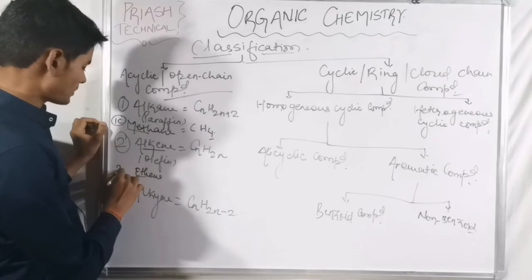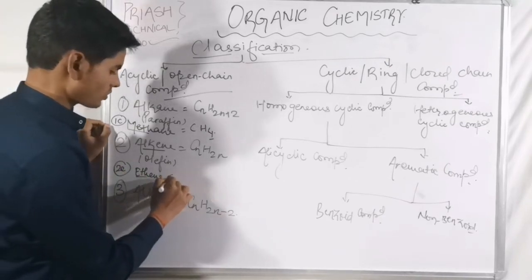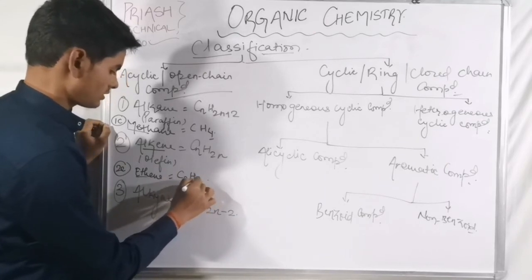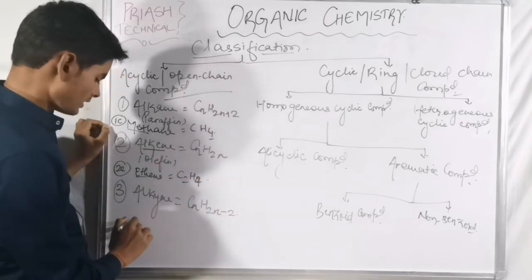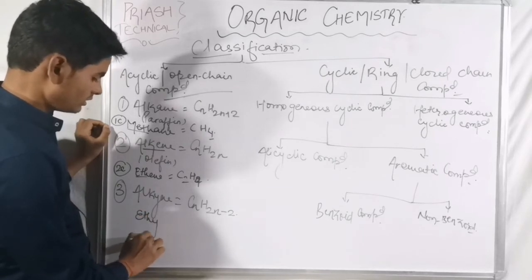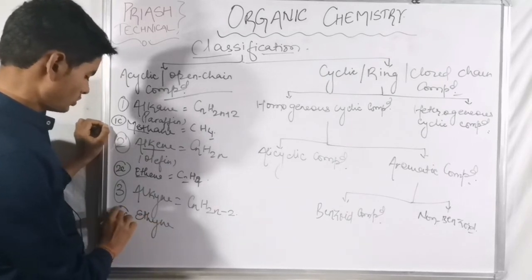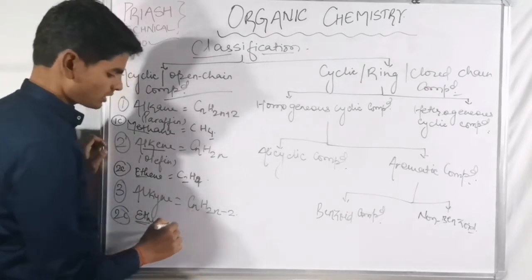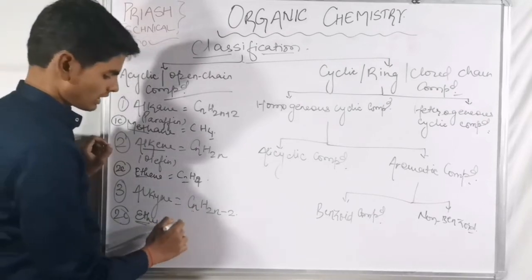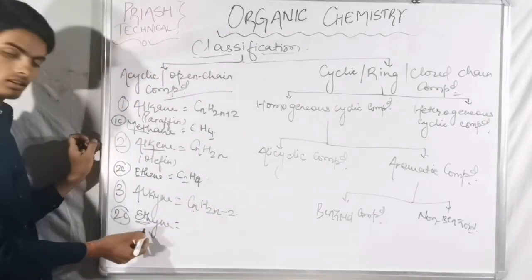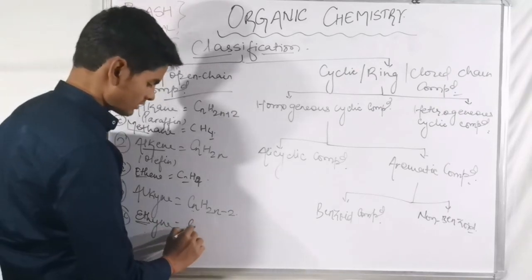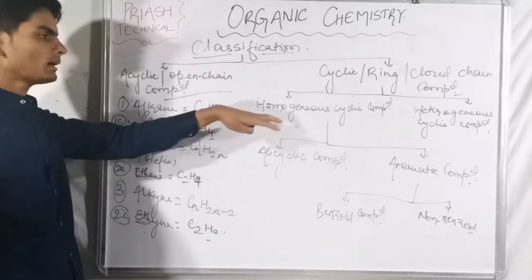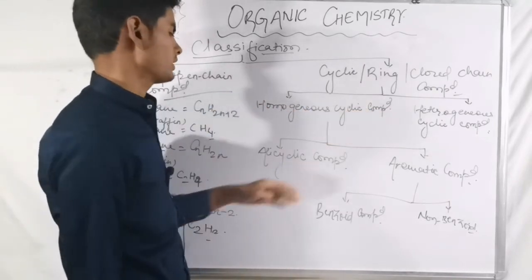It means 2 carbon and its formula is C2H4. Alkyne, ethyne, 2 carbon. We put the number of carbon in place of n and we get the formula for the given compound name, that is C2H2.